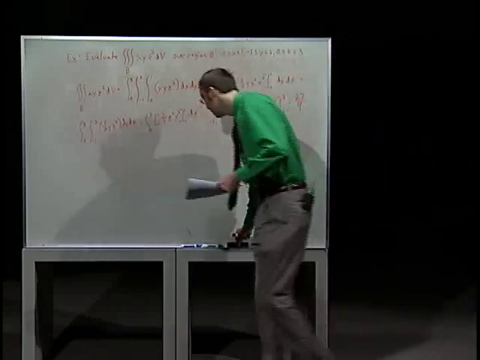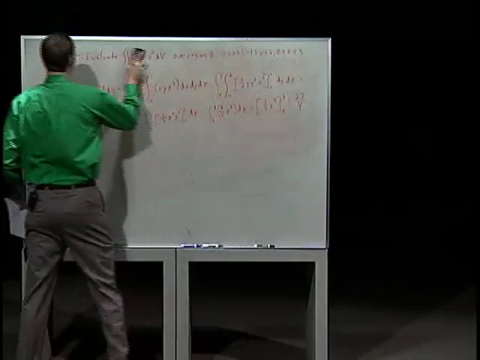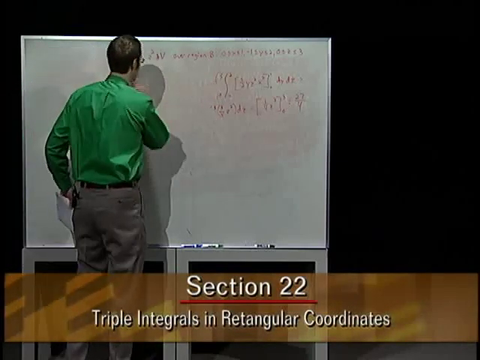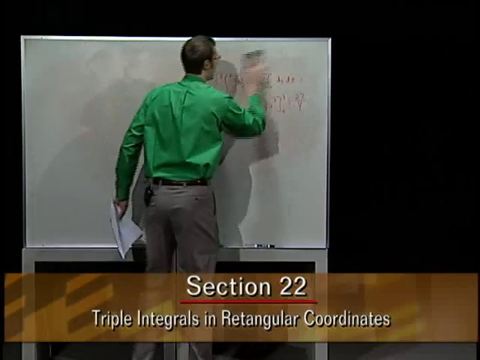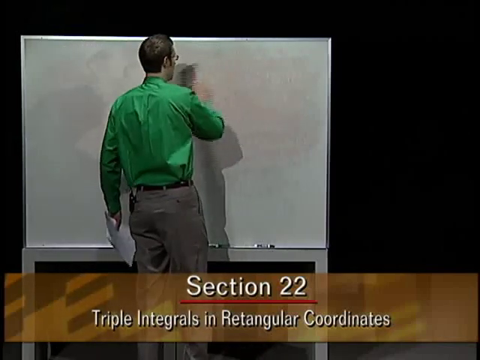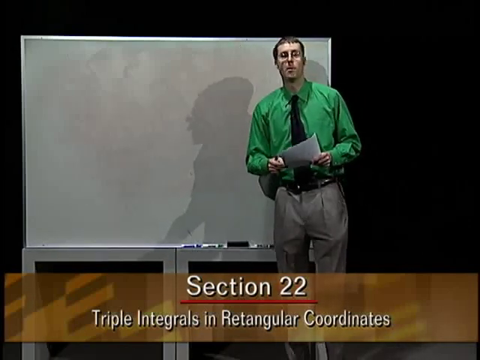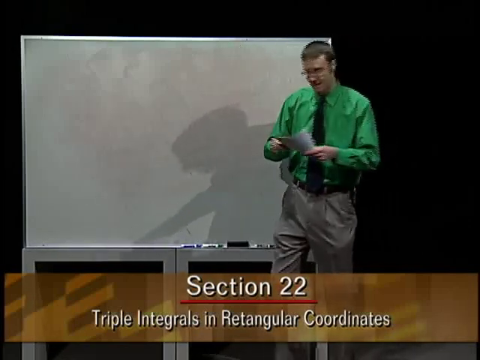Okay, so what is more useful to us than just doing random triple integrals is this idea of volume, right? Just like double integrals gave us a way of computing areas in the plane, triple integrals give us a way of computing volume in 3 space, right?